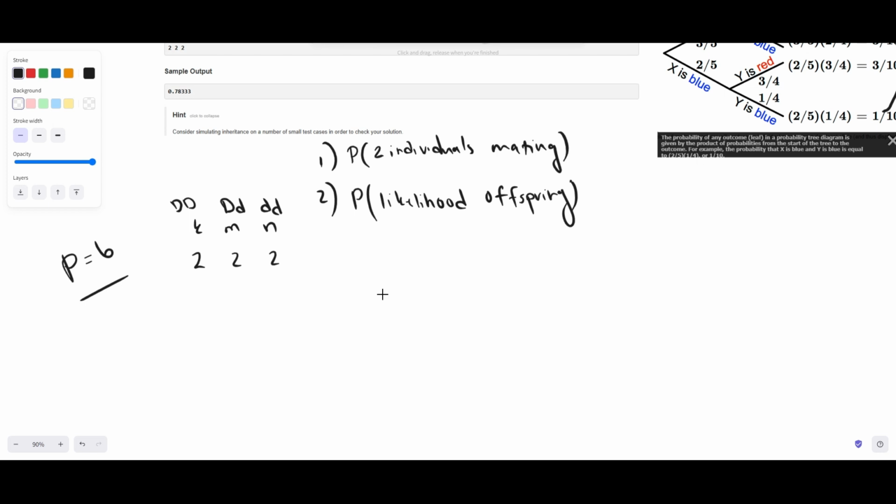From this mix of combinations, what are the different possibilities?